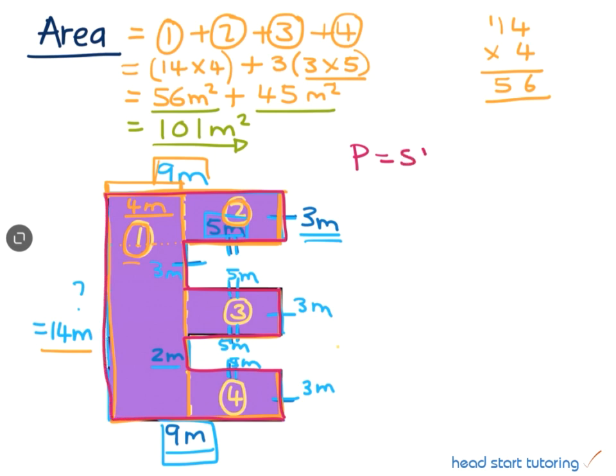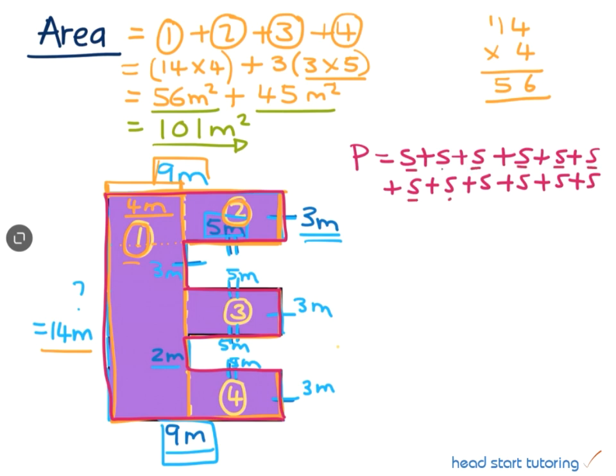So we've got side plus side plus side plus side plus side plus side plus side plus side plus side plus side plus side plus side. Let's just double check. 1, 2, 3, 4, 5, 6, 7, 8, 9, 10, 11, 12. Perfect.